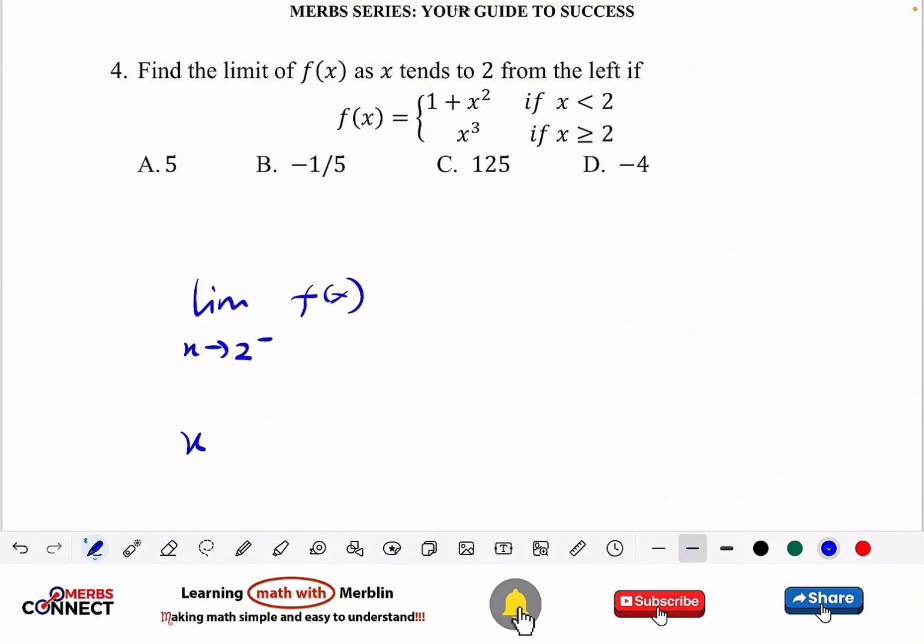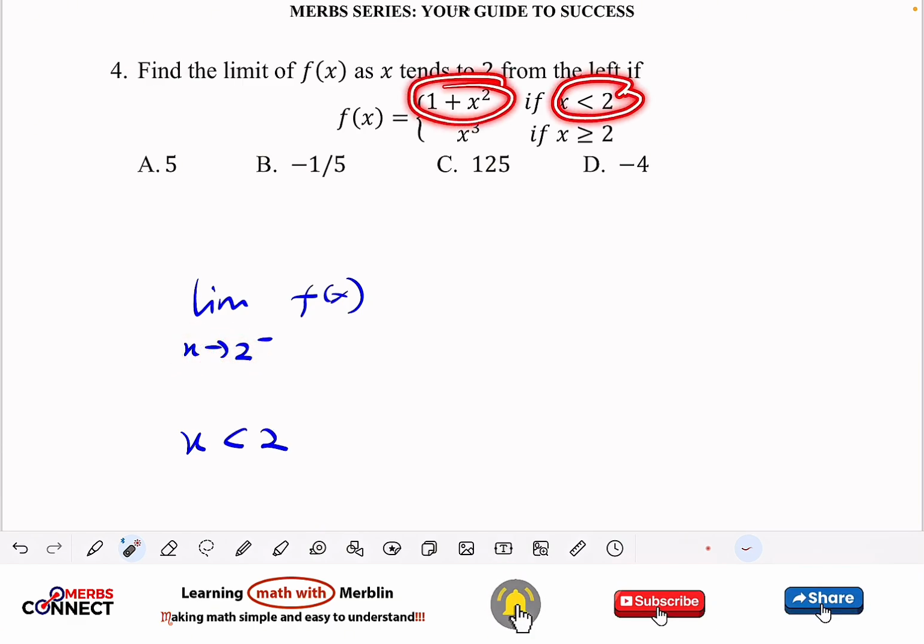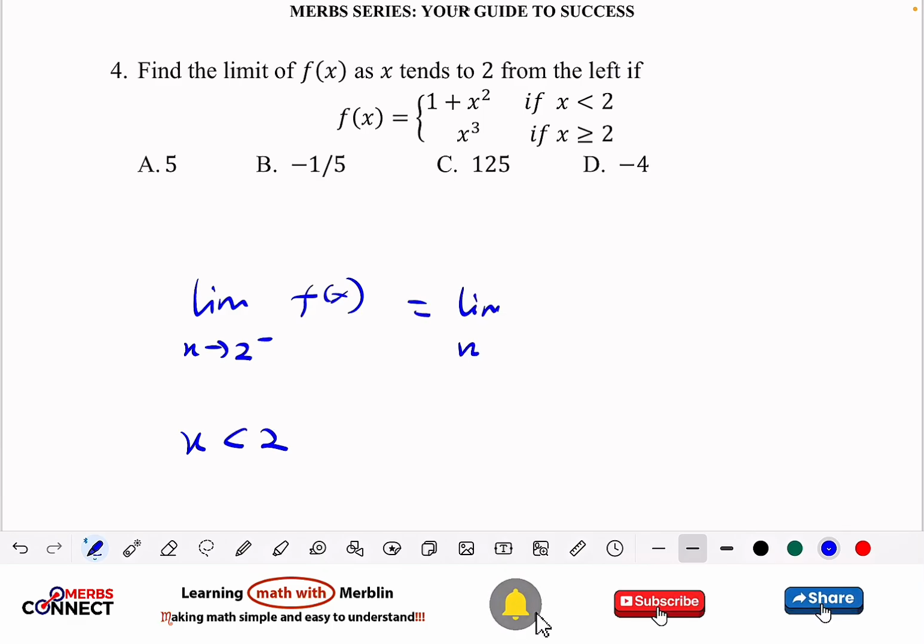It means that x is less than 2. From the left means that all the x values are less than 2. So for less than 2, we need to use this function. So we are going to have limit x is approaching 2 from the left of 1 plus x squared. And for this one, we are going to set x to be equal to 2. So 1 plus 2 squared is 1 plus 4. And this is going to give us 5, which is here.